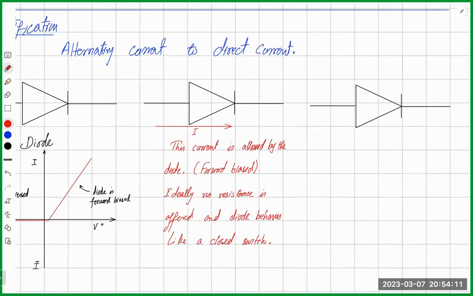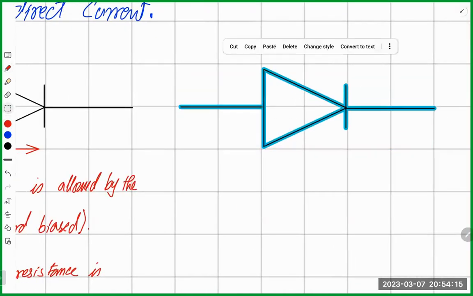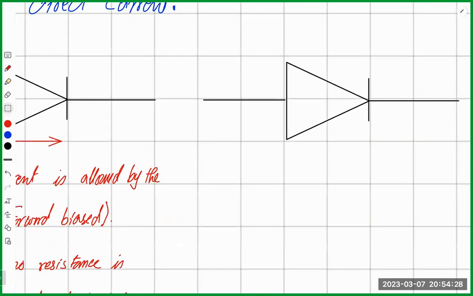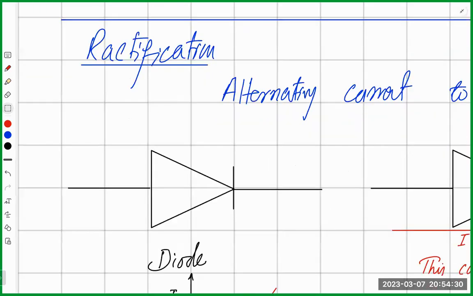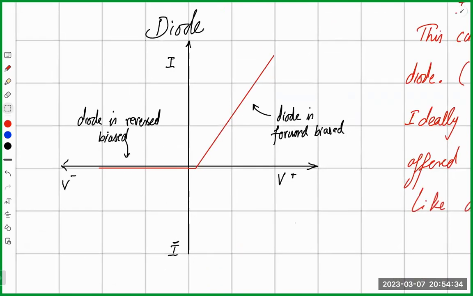Sir, but ideally no resistance is offered. And what have you written? Ideally, no resistance is offered. Ideally. Like in reality, diodes do offer a small resistance. If there would be no resistance, then this current should go to infinity with a small potential difference, but it does not.